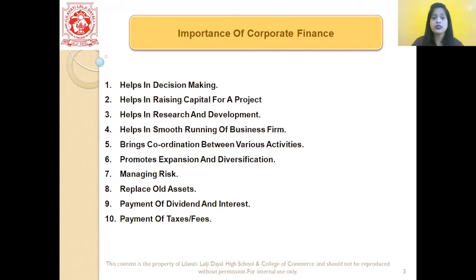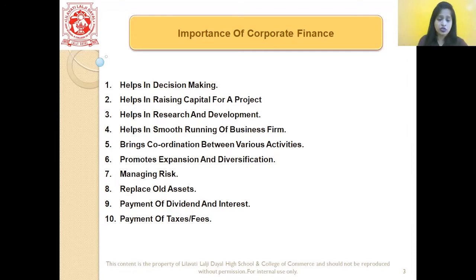Next, students, it brings coordination between various activities. If there is corporate finance, all the departments can coordinate with each other properly. For example, if the production department wants to produce a new thing and there is a lack of corporate finance, that department will suffer.